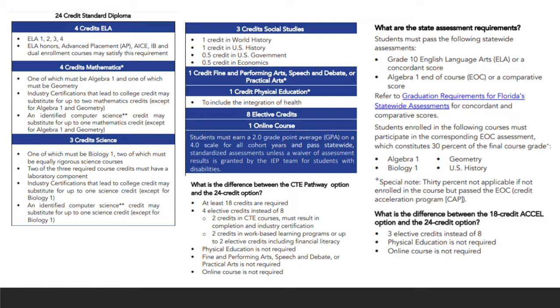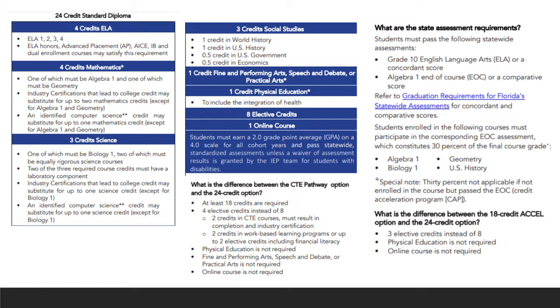Now, there is also a CTE pathway option for students. So it's those same core 18 credits, so English, math, science, social studies, but it's eliminating the health and PE requirement. It's not required. Also, that performing fine art is not required. The online class is not required.